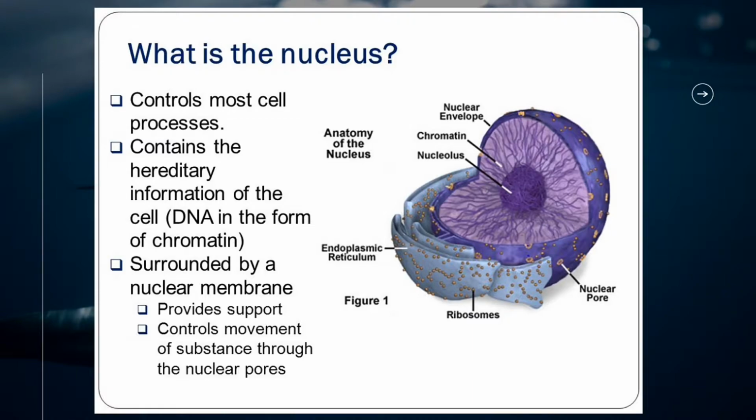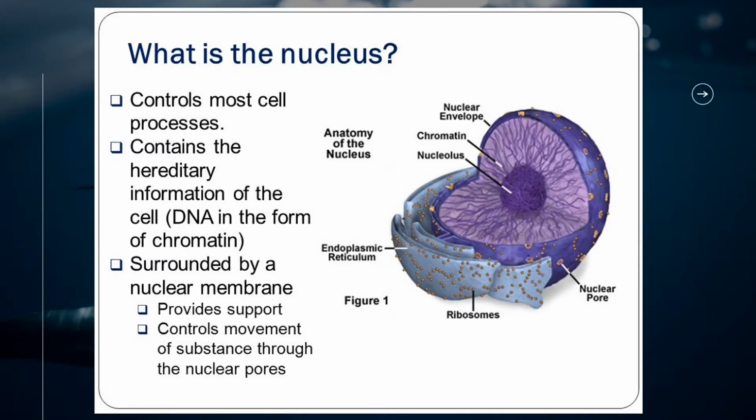Inside the chromosome, we now have the DNA, which contains the hereditary information. So what makes you look like your parent is the presence of the DNA, which is the hereditary information. DNA is present in the chromosome, and the chromosome is present in the nucleus.